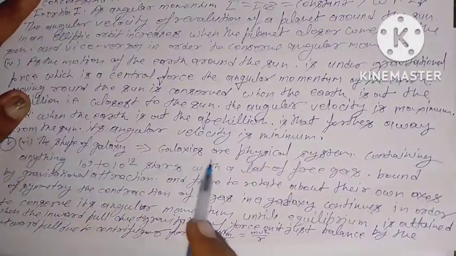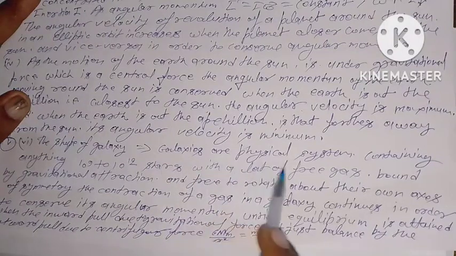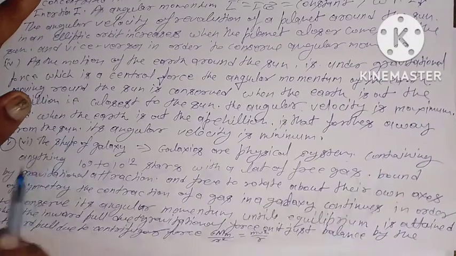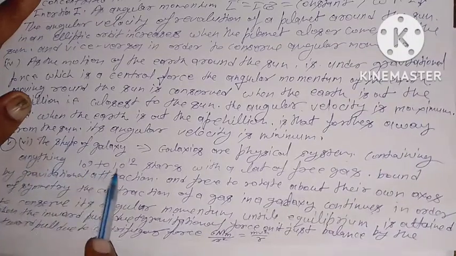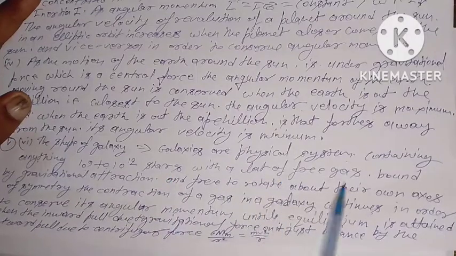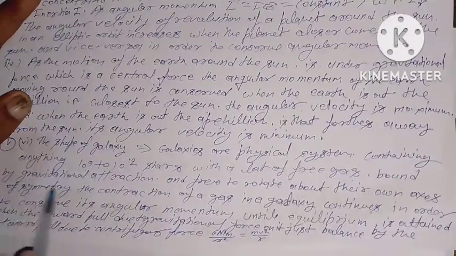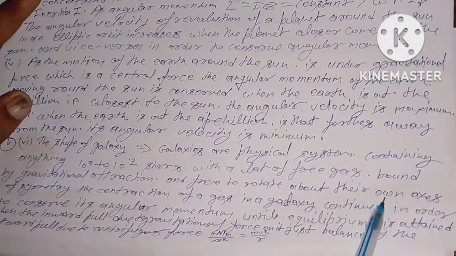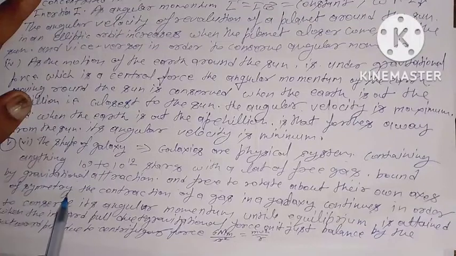Galaxies are physical systems containing anything from 10 to the power 9 to 10 to the power 12 stars, with a lot of free gas, bound by gravitational attraction and free to rotate about their own axis of symmetry.